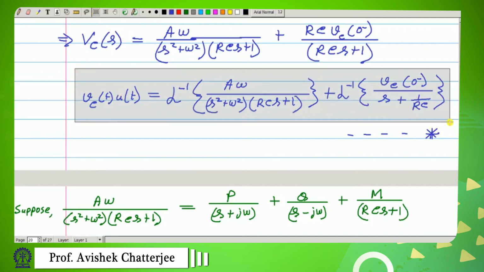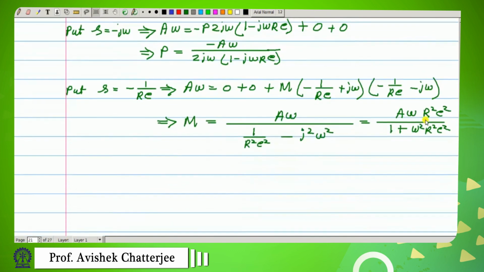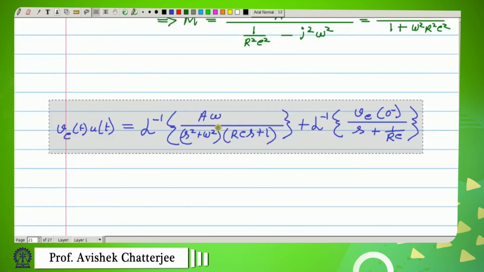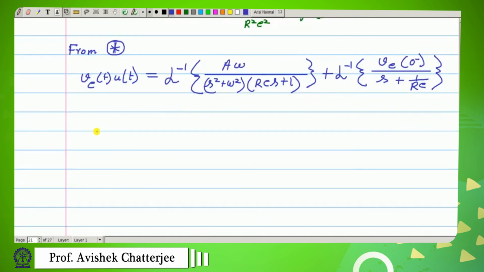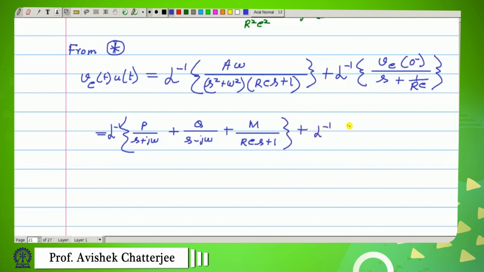Then from this equation, this is equal to Laplace inverse of three terms: p by (s plus j omega) plus q by (s minus j omega) plus m by (RCs plus 1), plus Laplace inverse of Vc(0 minus) divided by (s plus 1 by RC).